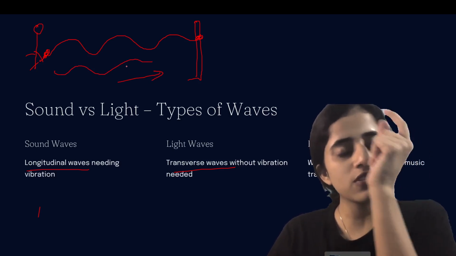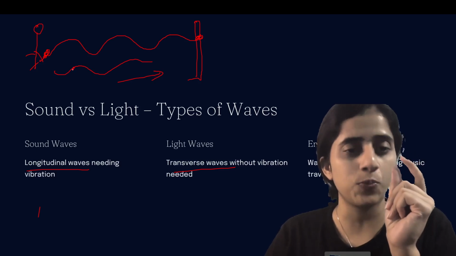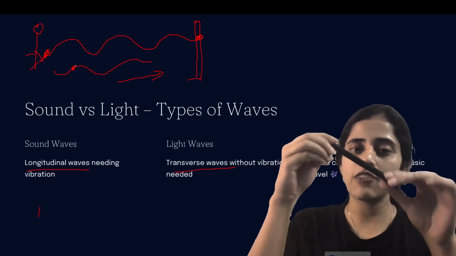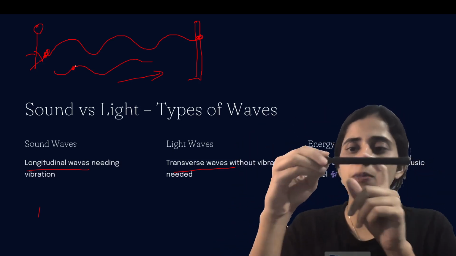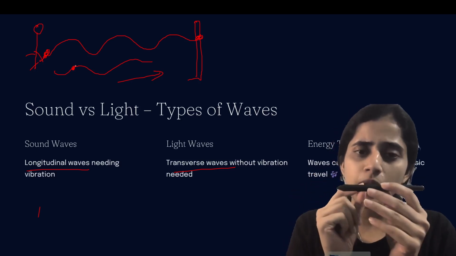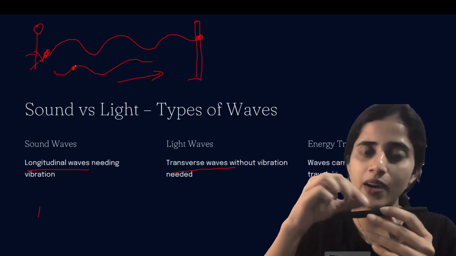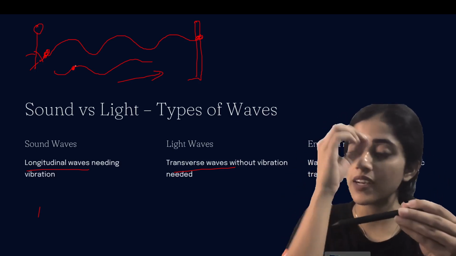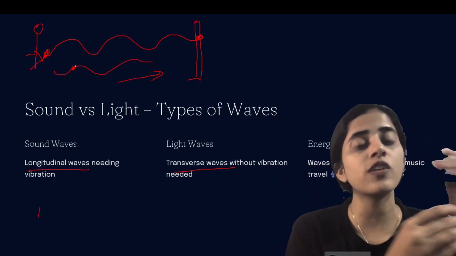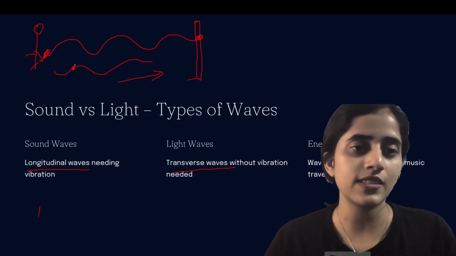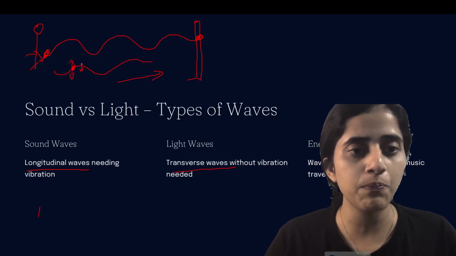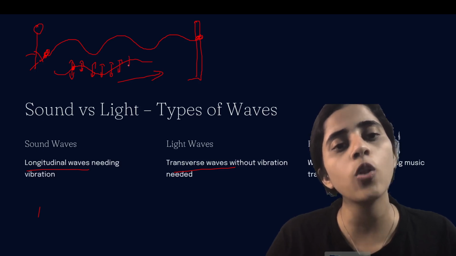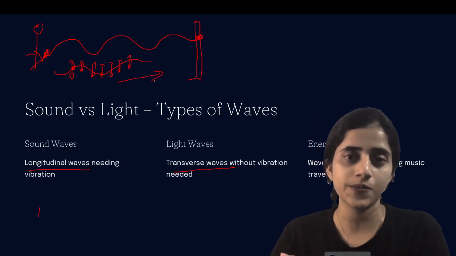But if I look closely at the rope, each particle on the rope is going to move up and down, but the whole wave is moving forward. Are you able to understand that?